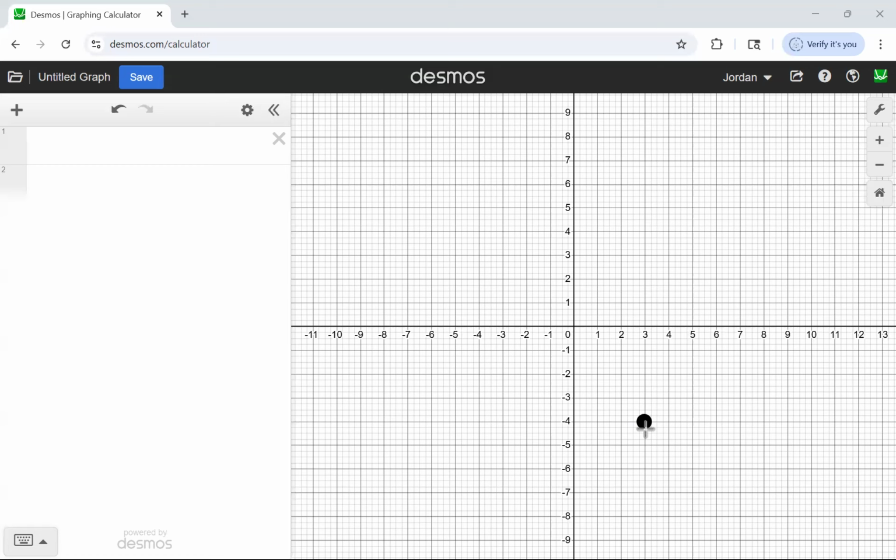That's the point we were asked to graph as the first point. (-5, 2) was the next point. That's going to be -5 in the x direction, +2 in the y direction. That's going to be over here.